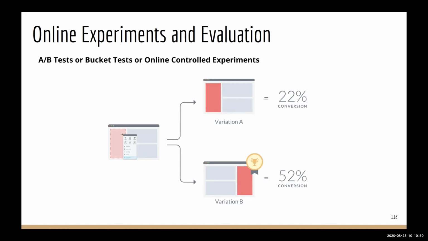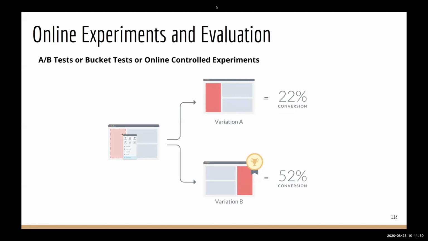You show control and treatment to different traffic, different users, and then you measure the difference in the metric you care about. In the previous example, you measure whether the color of the button makes any difference in terms of conversion rate. Then you first do some statistical analysis and make a conclusion, and that adds one step into your metrics improvement. Remember the outer loop, with many, many different steps.